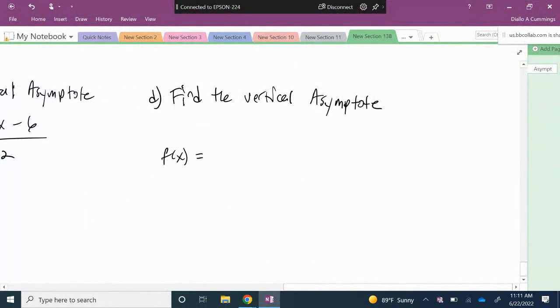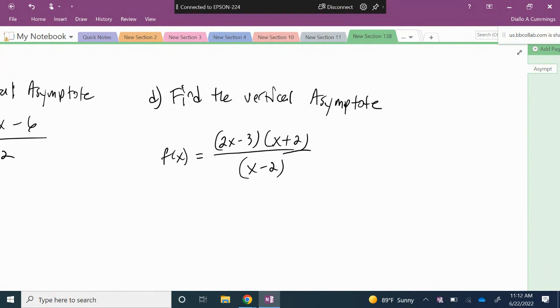So we've already factored the numerator as 2x minus 3 times x plus 2, and the denominator is already factored as x minus 2. So we can't cancel any factors.